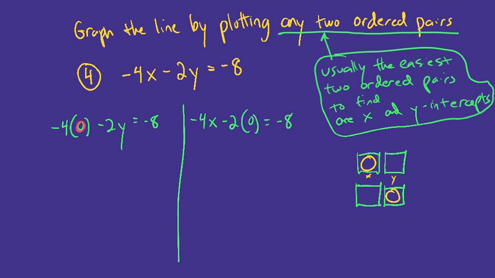So again, x, -4 times 0, and then y, -2 times 0. -4 times 0 is 0, so we're left with -2y equals -8. Divide by -2. And then y equals negative divided by negative is positive. 8 divided by 2 is 4.